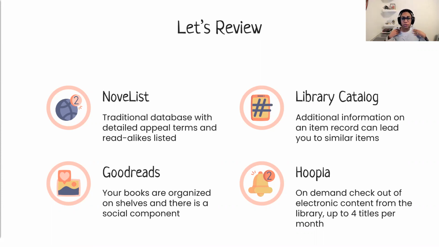So if you're someone who loves to talk about books with your friends, Goodreads is going to mimic that interaction a little bit more. We also talked about using the library catalog and its additional information section that you'll find on an item's record to lead you to similar items. And then we talked about Hoopla, which has on demand checkout of electronic content from the library up to 4 titles per month.